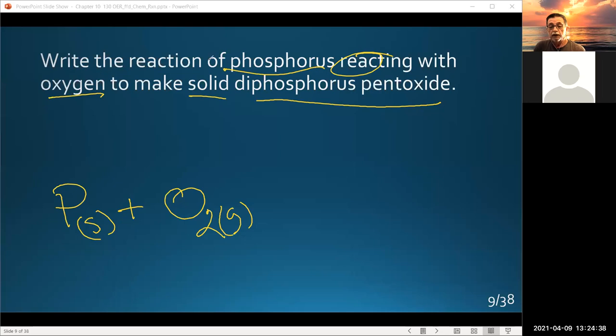Okay. Reacting tells me the plus. To make, in this case, the term to make is my arrow. Now, they're asking us here for diphosphorus pentoxide. Well, my suggestion first is to write the parent formula, P and O. That's the phosphorus and the pentoxide.